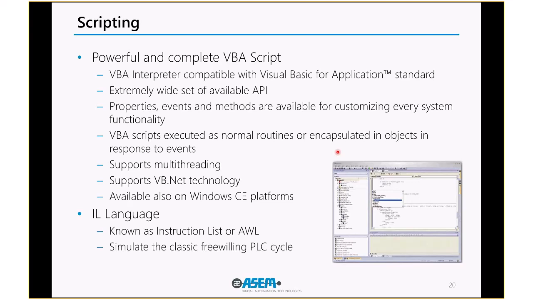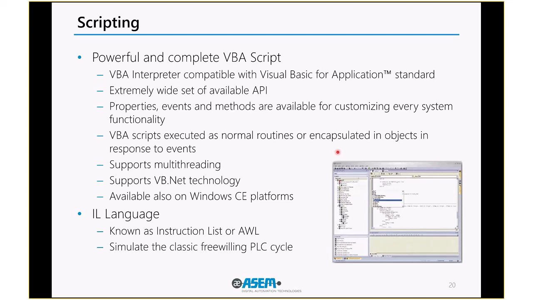So the message is, even if there are many features in Premium HMI, if you really need something special, you need to add to the HMI application some business logic, some specific behavior, then you always have available Visual Basic for Applications scripting. That's very powerful.